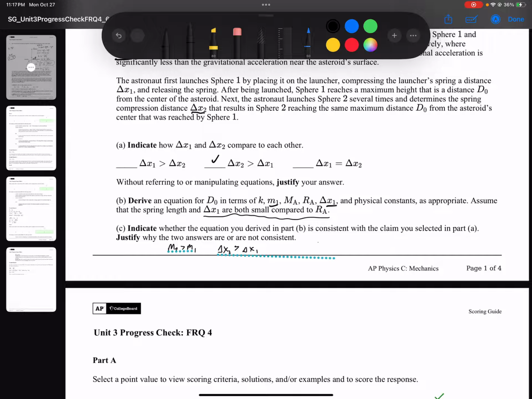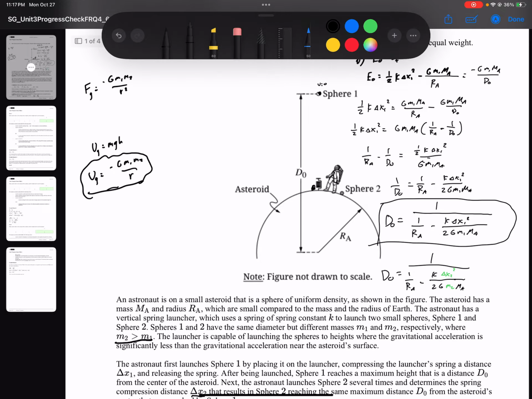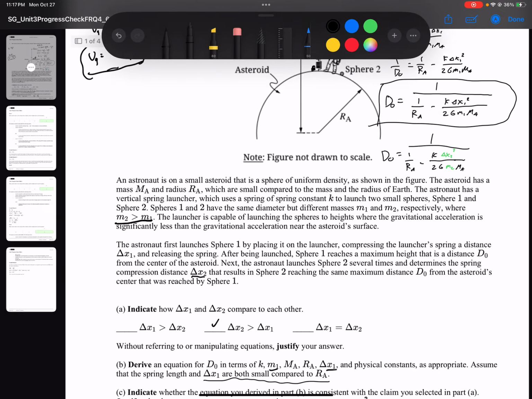Another way to write this is delta x1 squared over m1 has to equal delta x2 squared over m2. In other words, if m2 is twice as massive as m1, then delta x2 squared has to be twice as large as delta x1 squared because they both reach the same final height. So I think that's it.